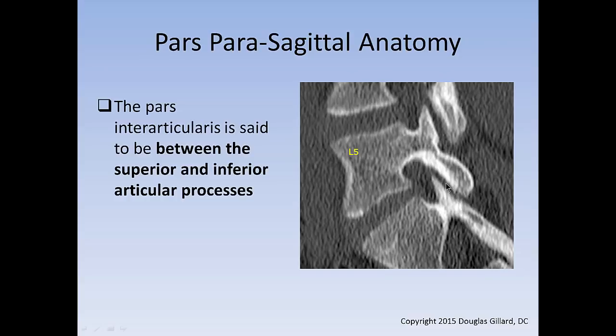This is the inferior articular process, now we can see, of L5, connecting with the superior articular process of S1. There's the inferior facet joint. So this space right here, right in between the superior and inferior articular processes, that's the, what is it? The pars interarticularis.